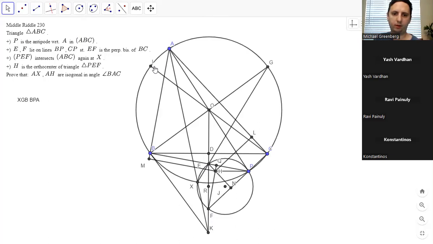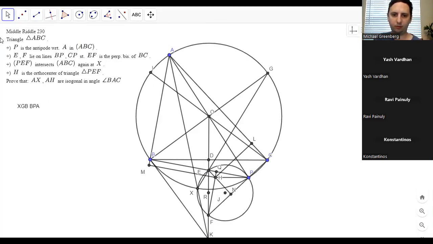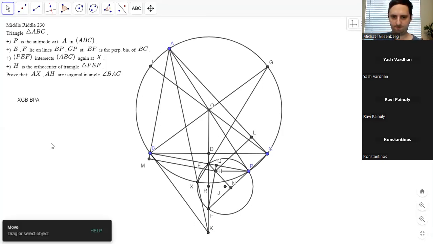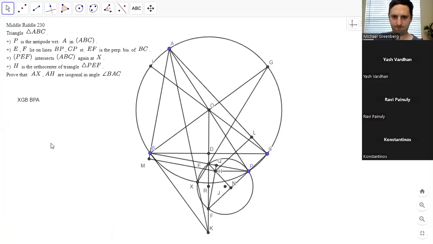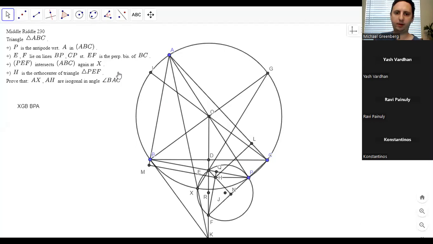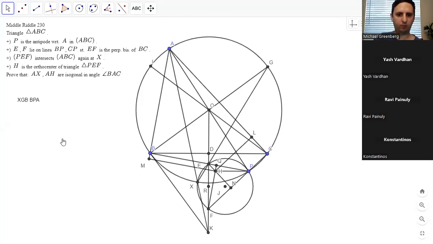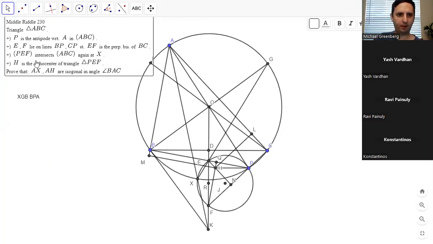So let's see. Suffice to show that the orthocenter of PDR is H. Interesting. PEF and ABC are orthogonal. Yes, because this is tangent. So you just move this a little bit higher.